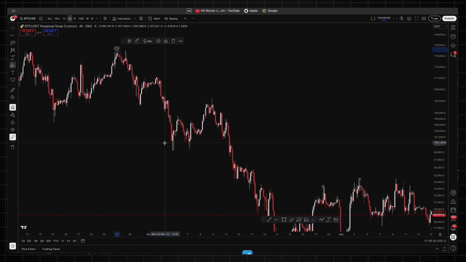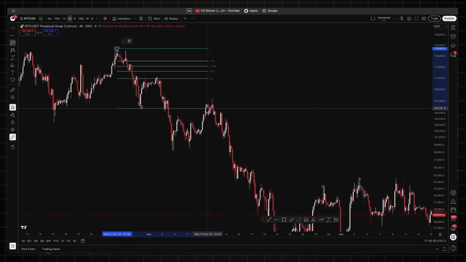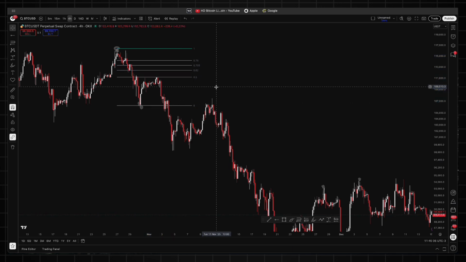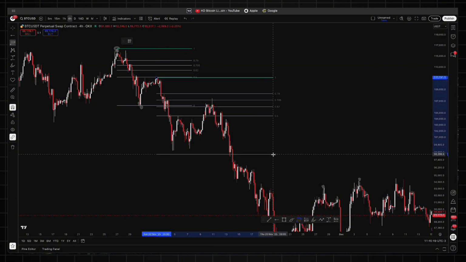We need to determine our important key high and important key low. From top to bottom, we stretch our Fibonacci grid and see that the price rebalances for this range and interacts with the 0.5 level.